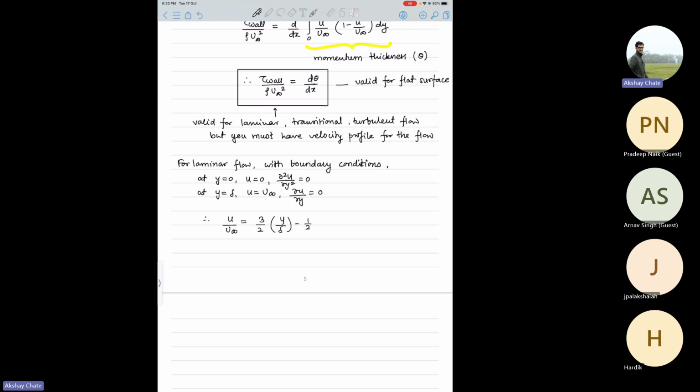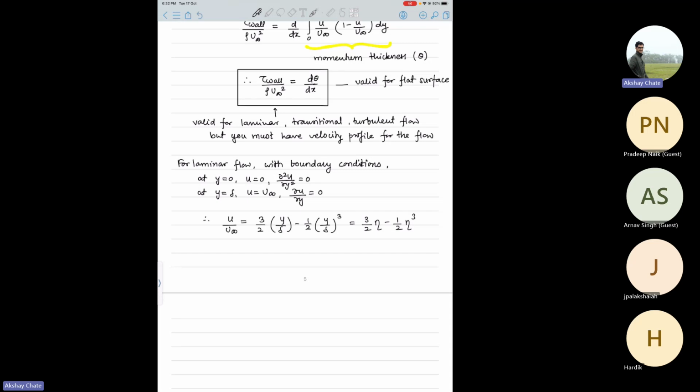This is a very famous velocity profile. You should remember this later also. And we had simplified it by assuming one dummy variable just for the sake of ease of writing.